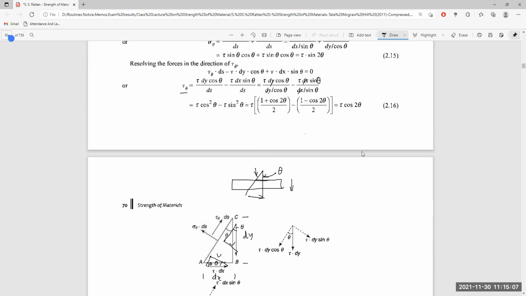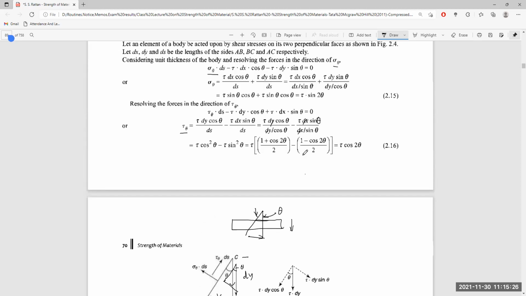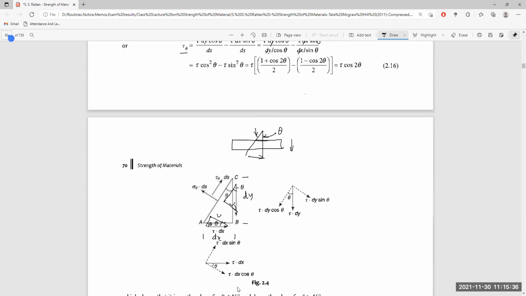So sigma theta is opposite to tau dx cos theta, minus this, and tau dx sin theta, which is acting in this direction, plus tau dx sin theta is equal to 0. Both are negative here because both act in the opposite direction. This is acting in this direction, and this component is also acting in this particular direction.